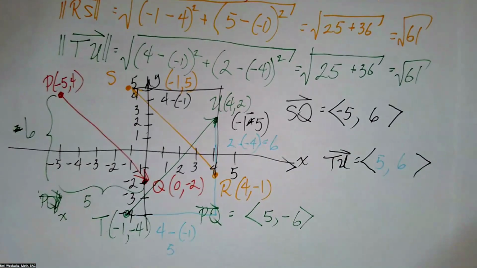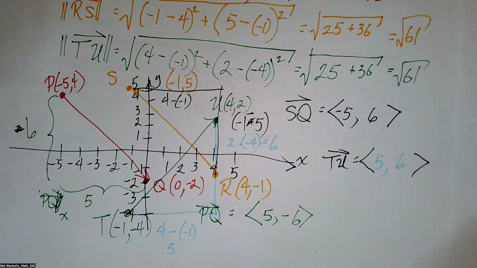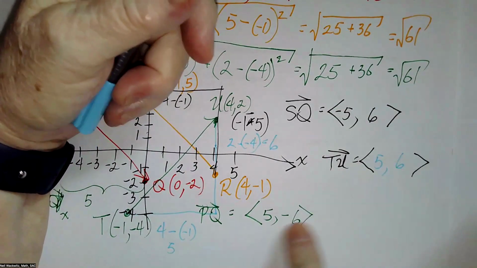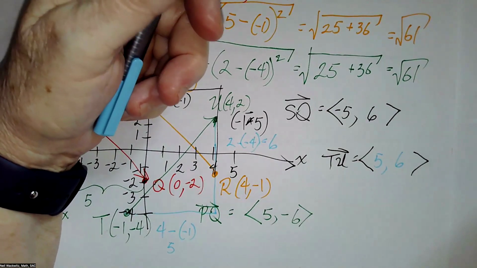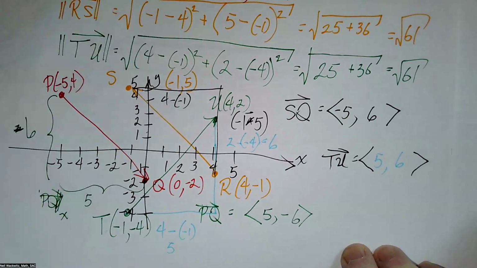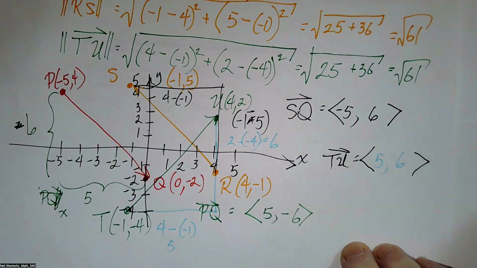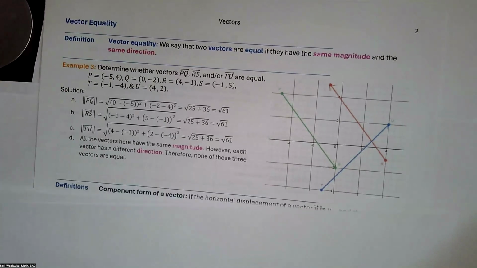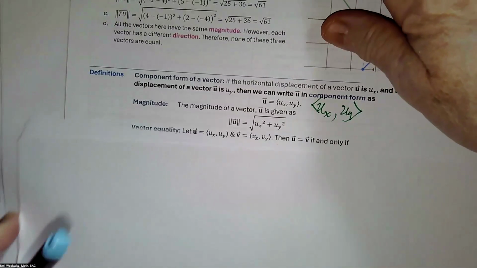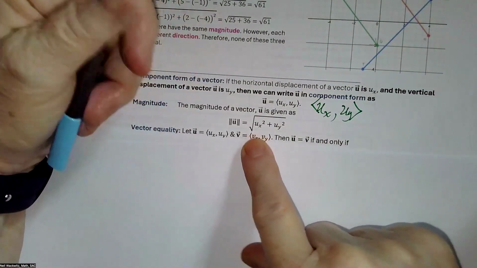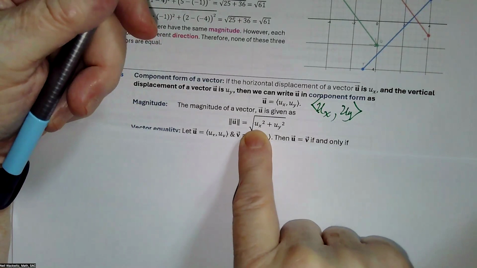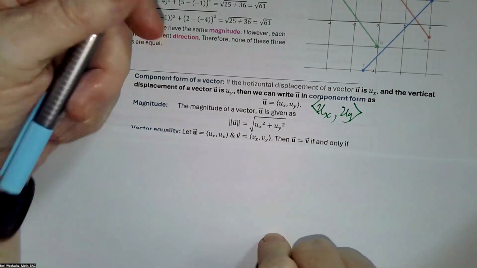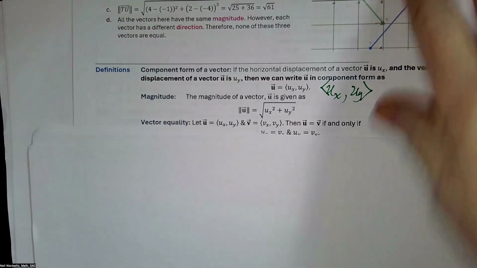So you can see when we put these in component form that they're all very similar, but none of them are the same. If two vectors are the same, then in component form, we'd have the same numbers. If a vector is in component form, then we just square the x value and square the y value, take the square root to find the magnitude.